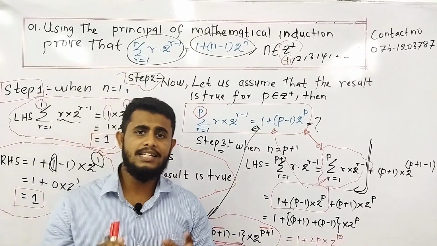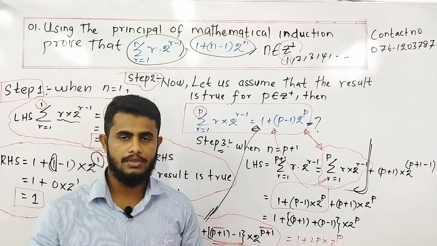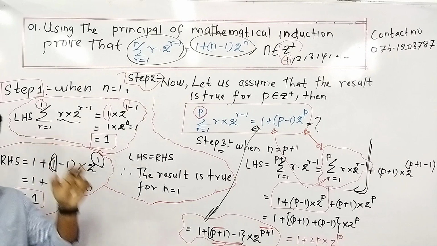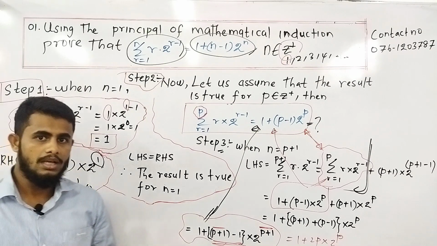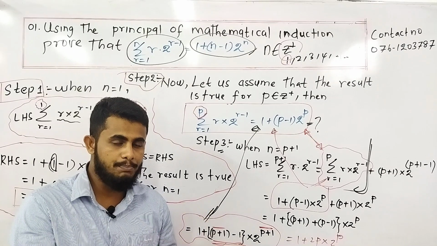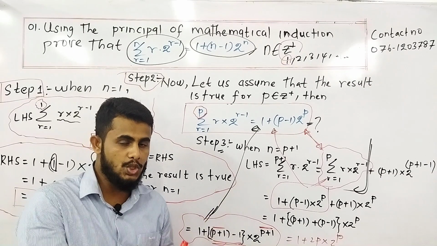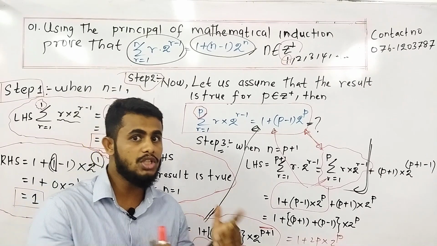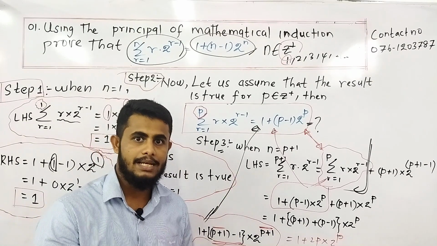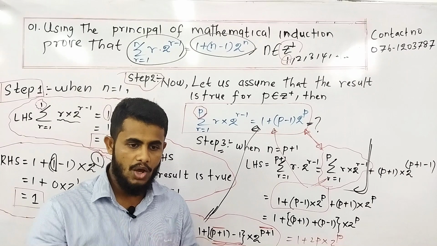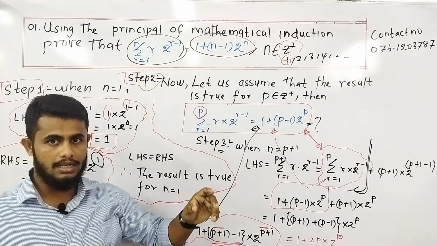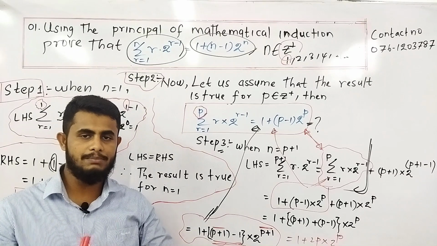So the final conclusion: we have proved the result is true for n equals 1, and if it is true for n equals p, it is also true for p plus 1. By the principle of mathematical induction, this part is equal to that part for all n belonging to Z plus.